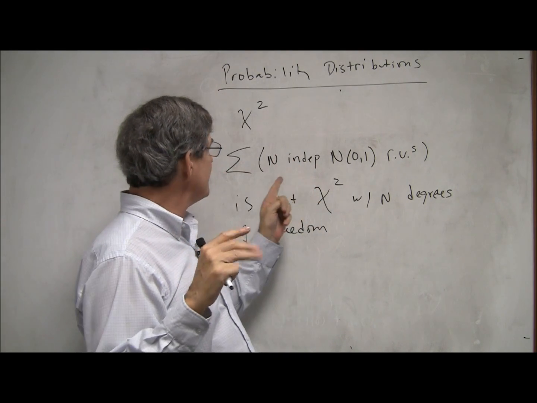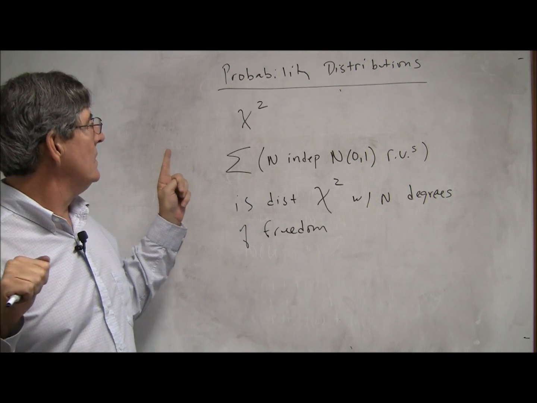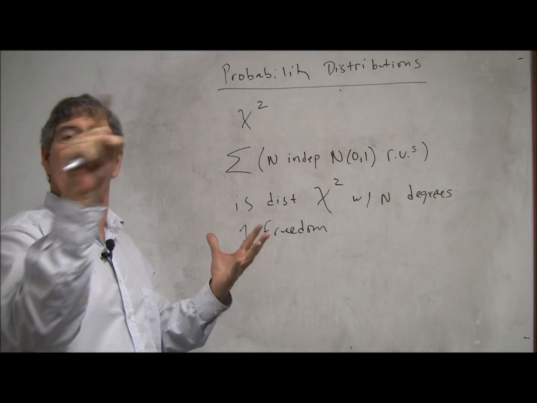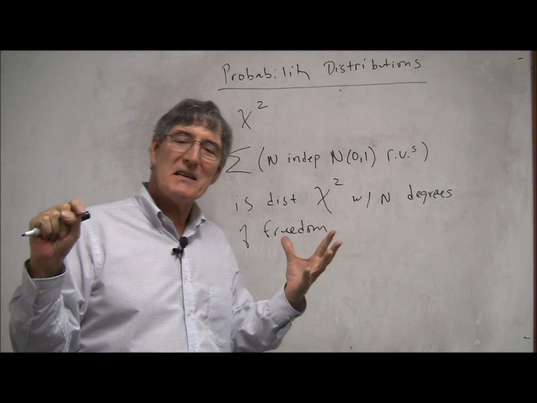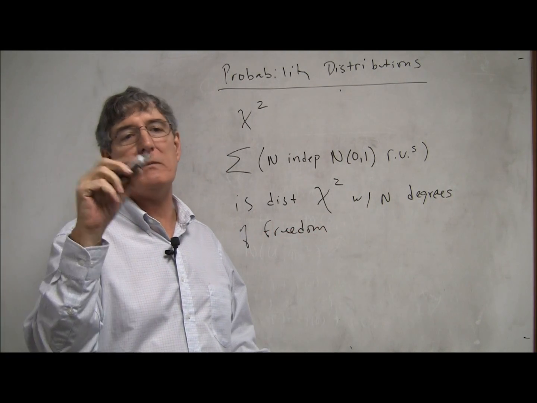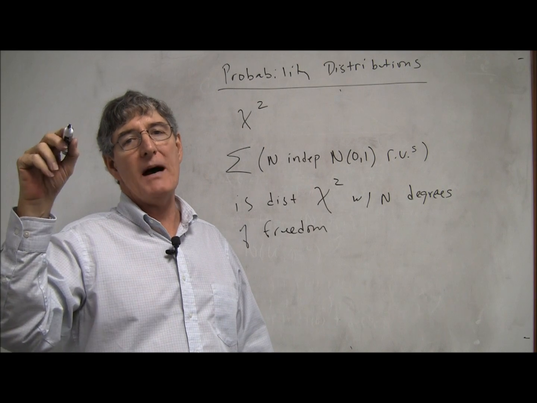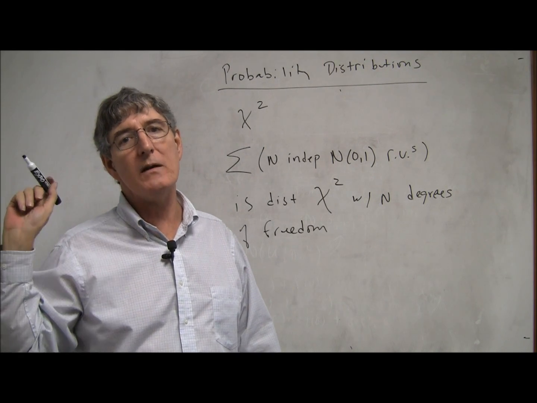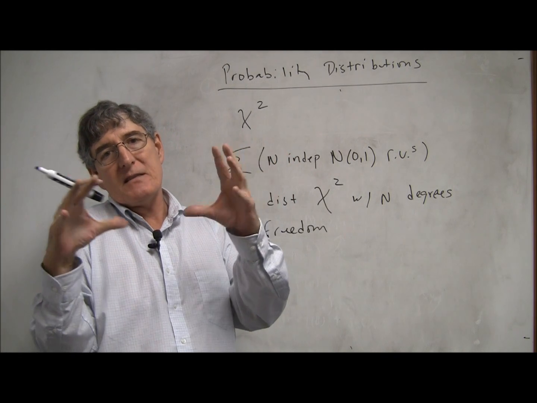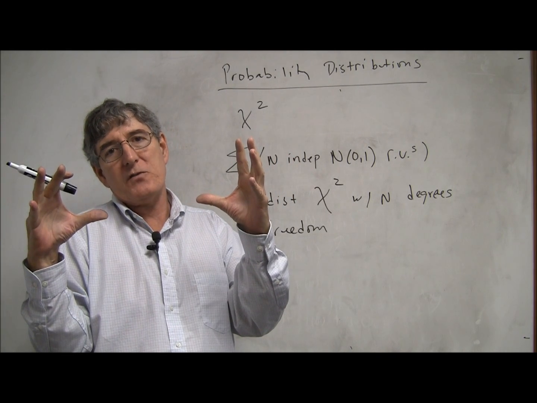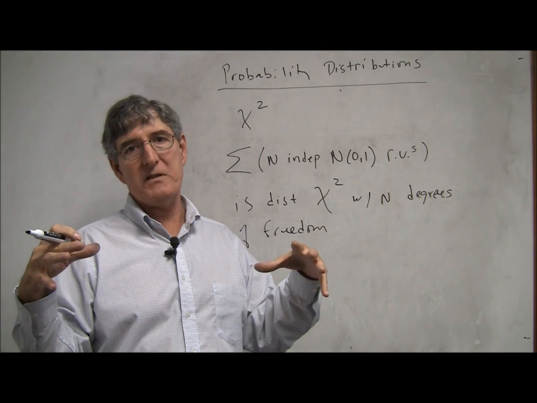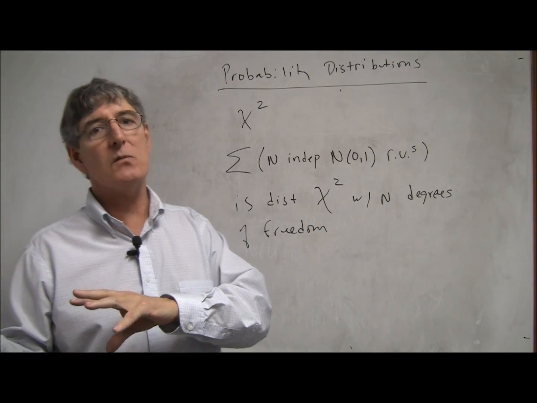Now, where this is useful is that when you calculate variances, you end up squaring things and summing things. So when we calculate a variance, it'll basically be the sum of the x minus the estimated mean squared over n minus 1. That will give us a sum of n normally distributed random variables. And if we do a little transformation to make them normal 0, 1s, we can get a chi-square.